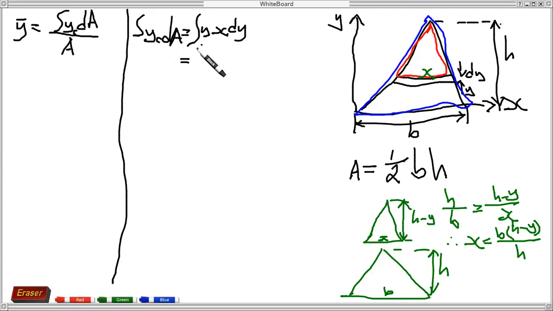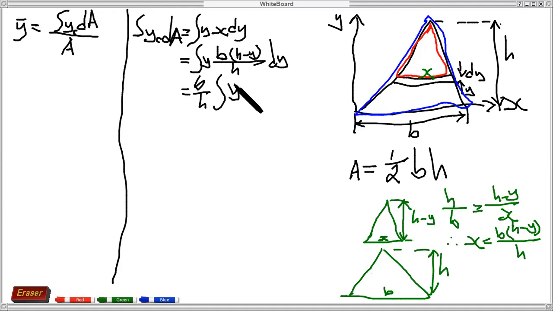Yes. Okay, then you have y times that equation, b over h times h minus y, dy. So we need to integrate this. For us to integrate this, we can take b over h out.